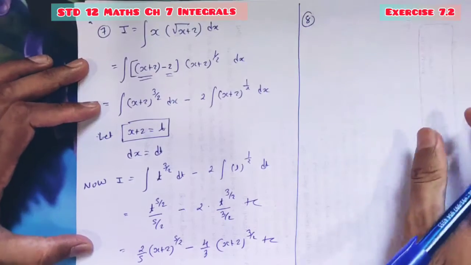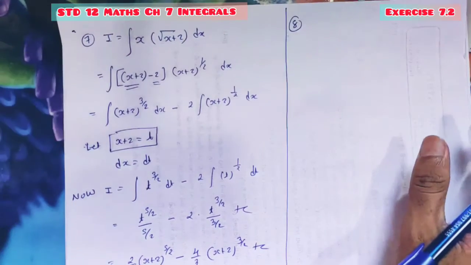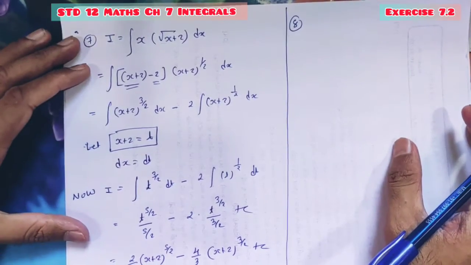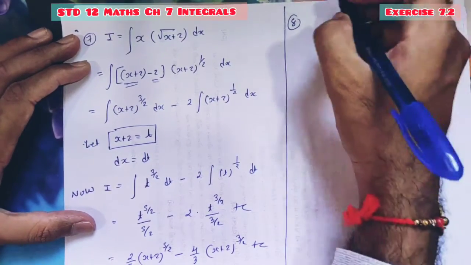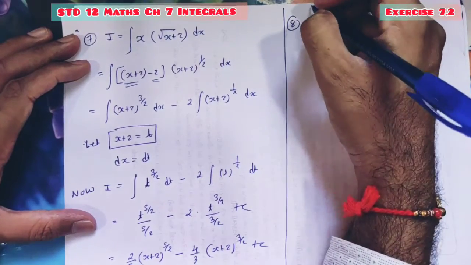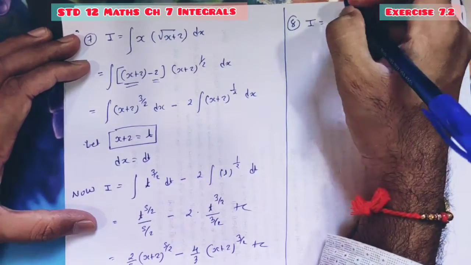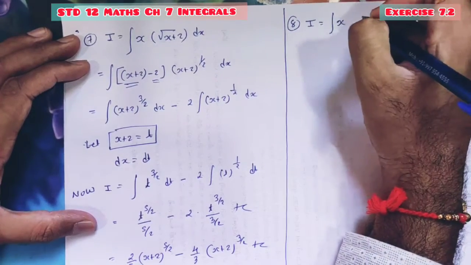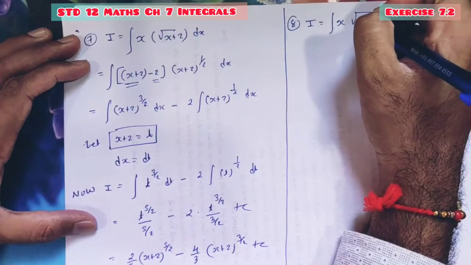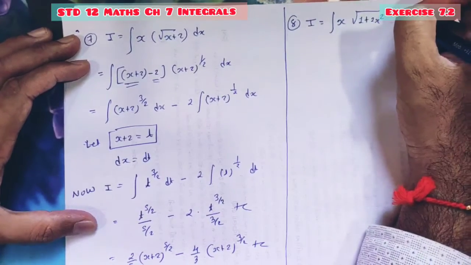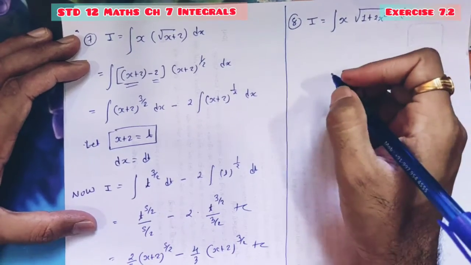Question number 8. Here we are given I equal to the integration of x square root of 1 plus 2x square dx.